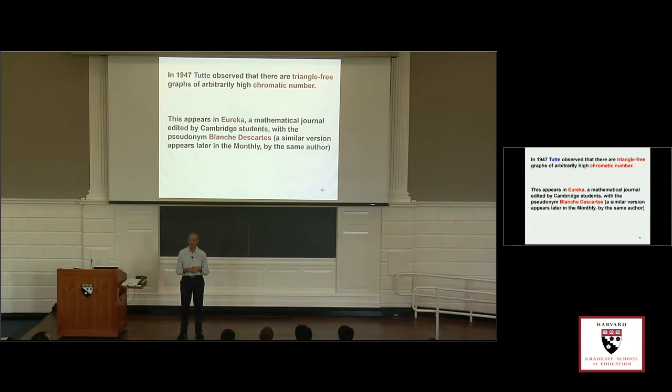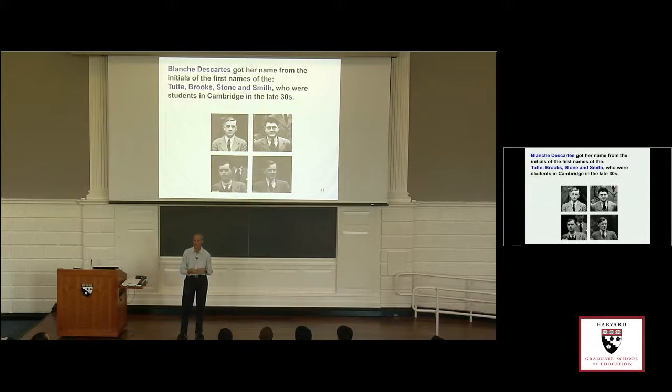And this appears under a pseudonym, Blanche Descartes, and actually a similar version by the same author appeared later in the Monthly. Mentioning Blanche Descartes, let me tell you that she got her name from the initials of the first names of Tutte, Brooks, Stone, and Smith. They were together undergraduate students in Trinity College in Cambridge.